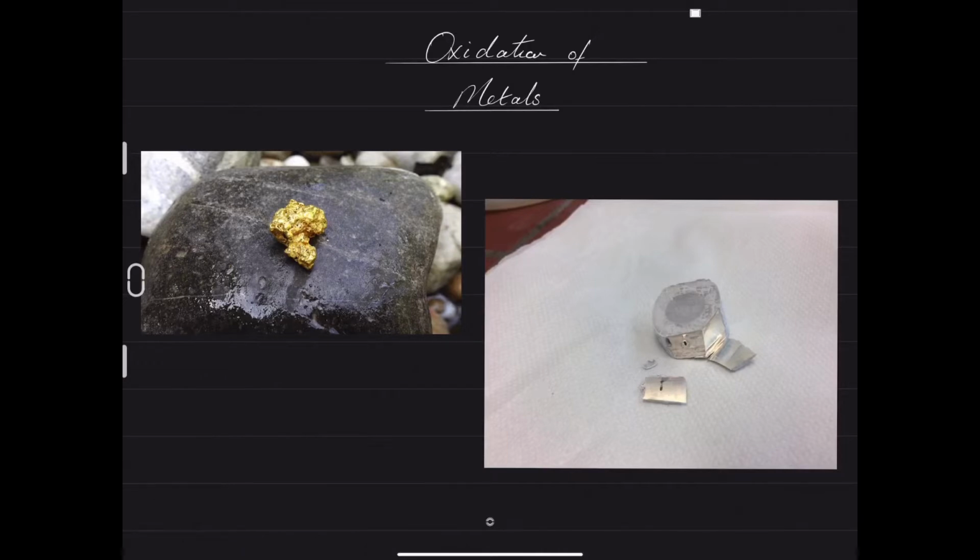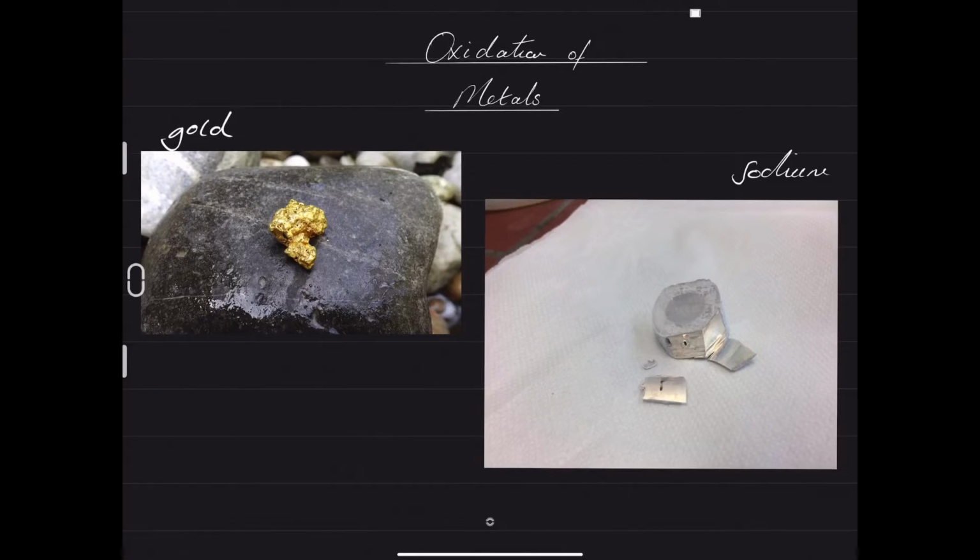Now, when we talk about extracting metals from different compounds, we generally are looking at an oxidation of metals, or a metal that is combined with oxygen. You have here 2 images. One is of gold and this is sodium. From our previous diagram, we looked at the reactivity series of metals.